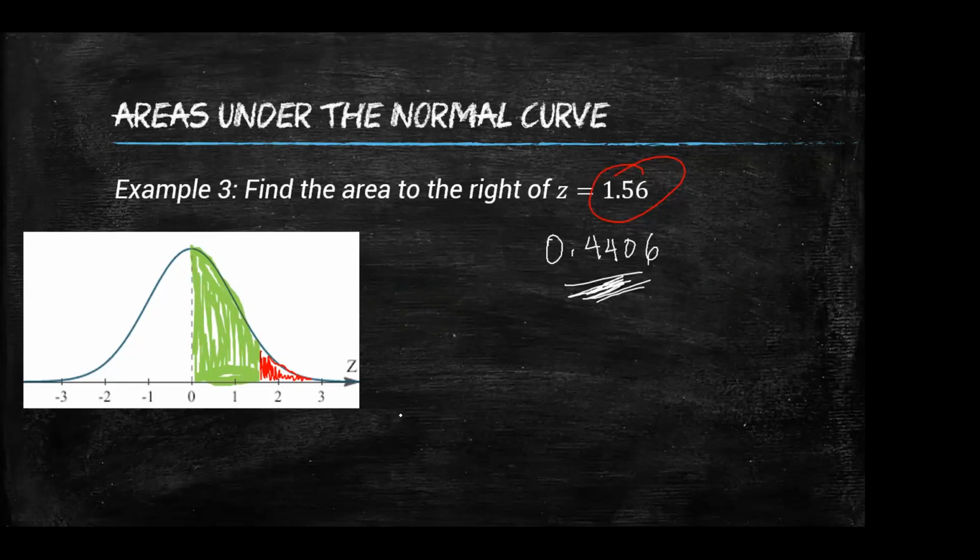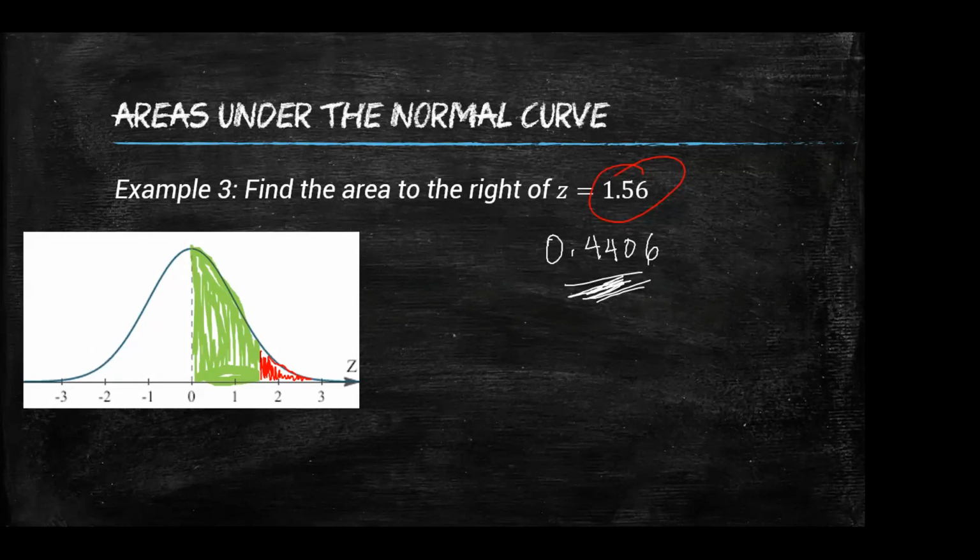Kasi class, di ba, as given in the properties, the whole area under the normal curve is equal to 1. And then, to follow the second property that the normal curve is symmetric. So if we divide the normal curve in its center, the area of each region is equal to 0.5 or 1/2.